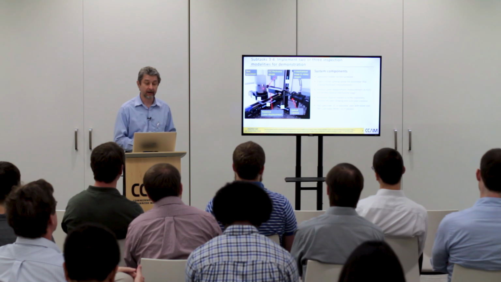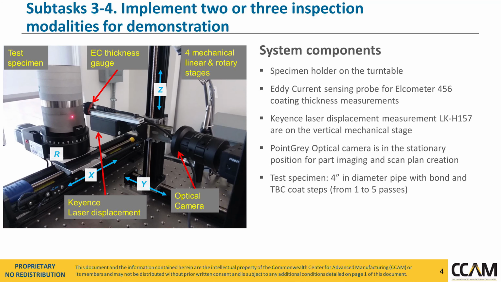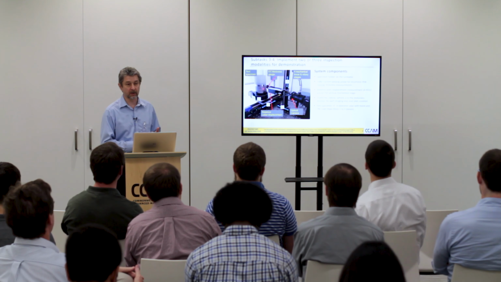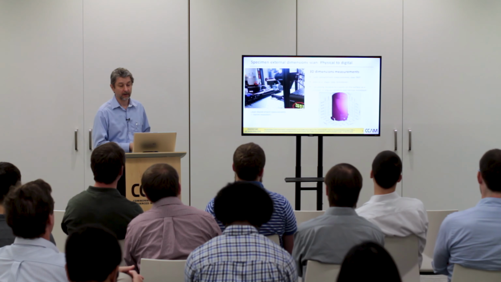We have two sensors: a laser displacement sensor with high resolution down to 1 micron, as well as an eddy current coating thickness gauge, which needs to be in direct contact with the surface in order to measure the coating thickness against the base material.